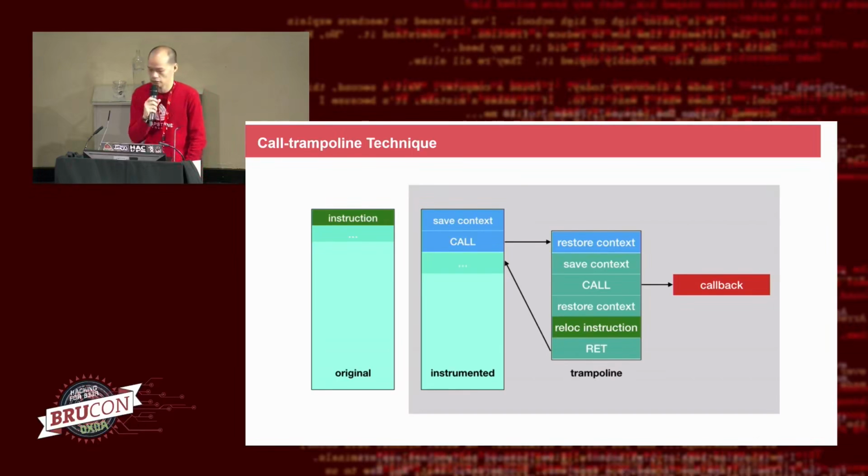So inside the trampoline we restore the context; we save the context before the call to the callback, and we call the callback, and we restore the context, right? So we run the instrumentation, and we execute the original instruction, already relocated, and we return to the instruction after the call, and we keep going. So you see that we do not change any context when we run our instrumentation code.